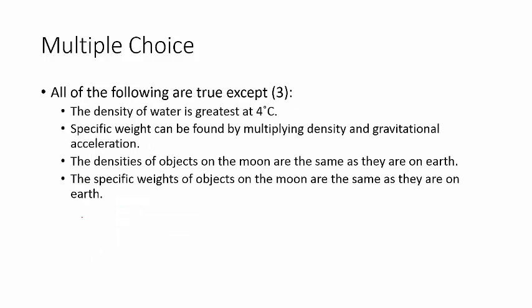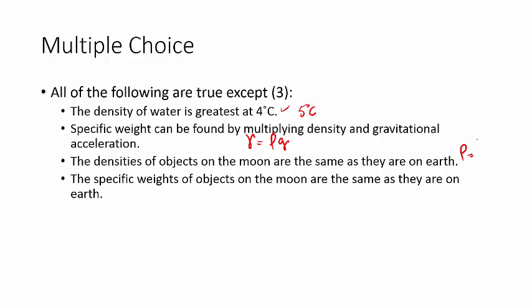All of the following are true except. The density of water is graded at 4 degrees Celsius, and I told you in the exam that the table you have in your manual is 5 degrees Celsius. Assume that it's the same. Specific weight can be found by multiplying density and gravitational acceleration. So this specific weight is density times gravitational acceleration. The densities of objects on the moon are the same as they are on Earth, and this is correct.